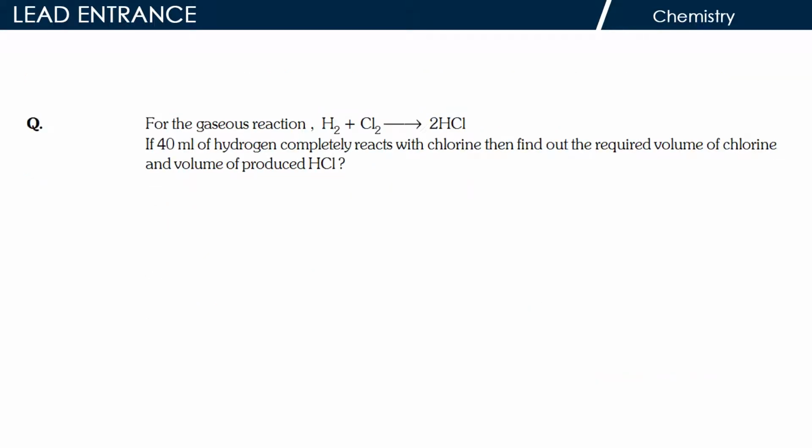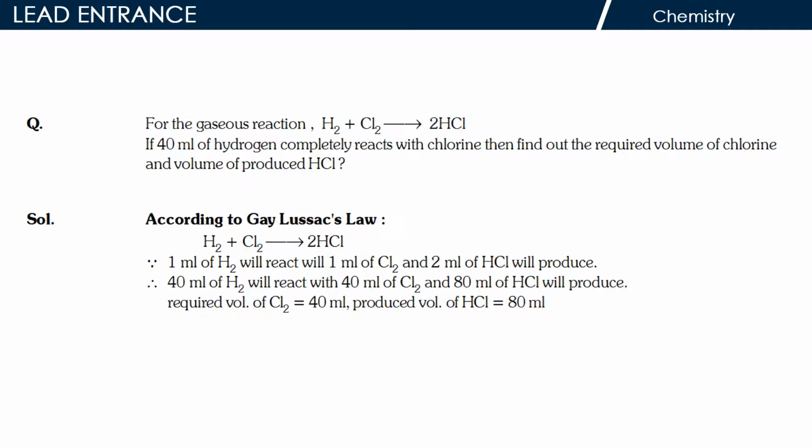Question 2. For the gaseous reaction, hydrogen plus chlorine gives rise to 2 hydrochloric acid. If 40 ml of hydrogen completely reacts with chlorine, then find out the required volume of chlorine and volume of produced hydrochloric acid. Solution.